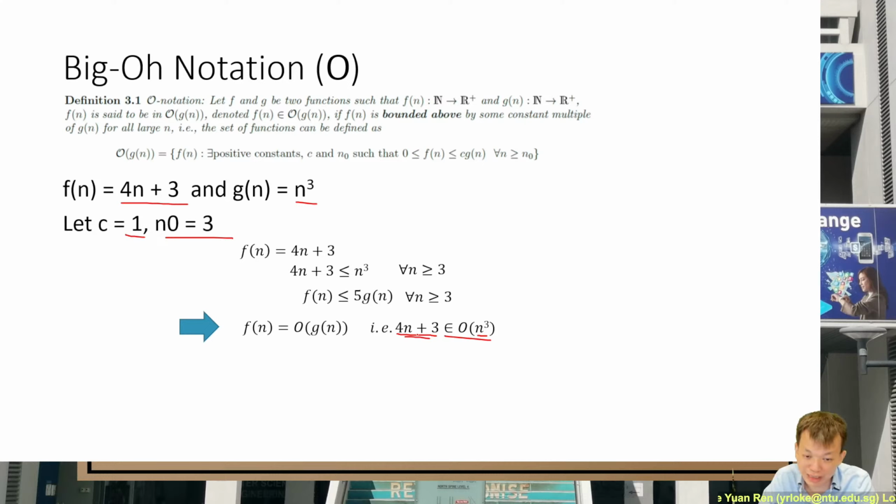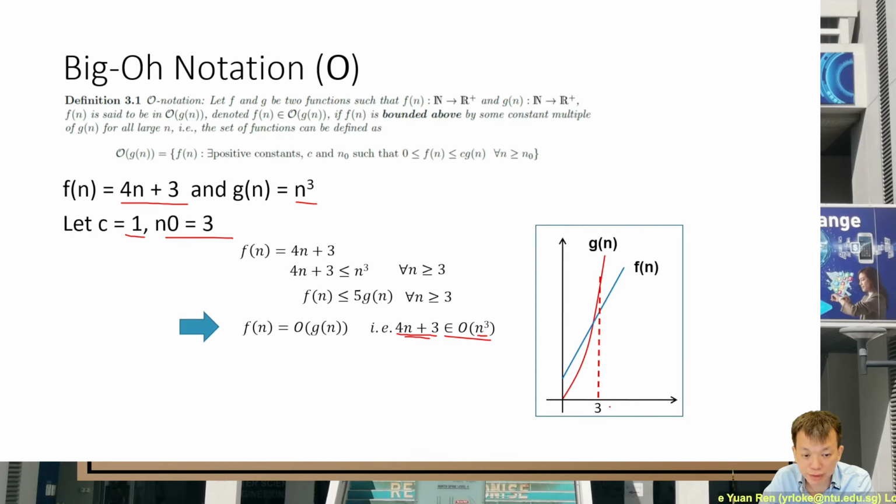You already know that the linear function definitely has a lower growth rate than the n cubed function. But this is the proper definition. You just follow the definition to prove and make the conclusion. So here I can conclude that 4n plus 3 is in O(n cubed).